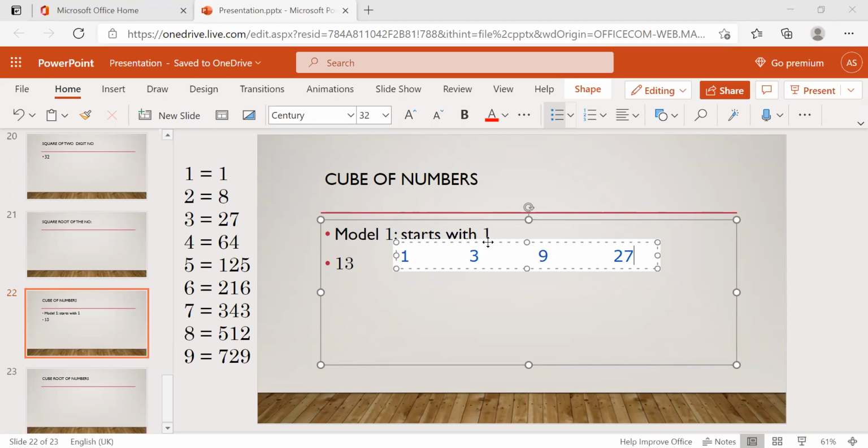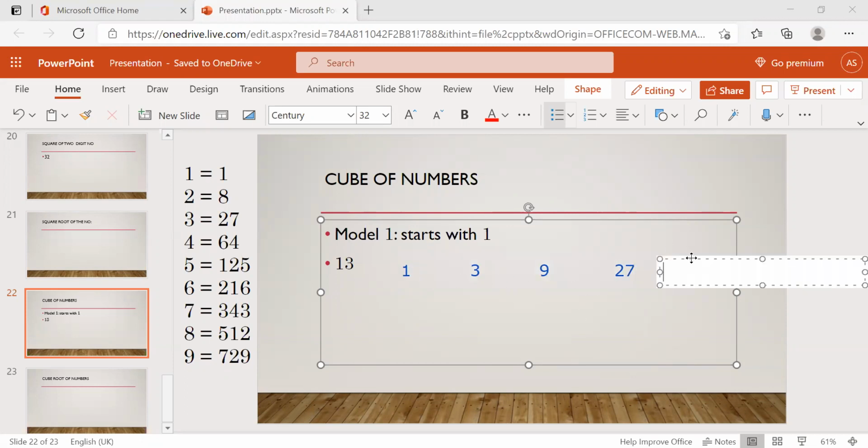First of all, model number 1 starts with 1: 11, 12, 13 up to 19. So first write the number like this: 1 I wrote, 3 I wrote, and then 3 square, which I am writing here as 9, and 3 cube, which I am writing here as 27. So 4 numbers I am writing like this.